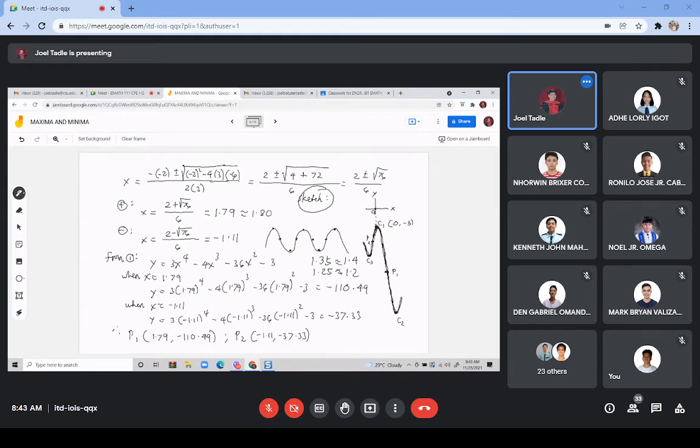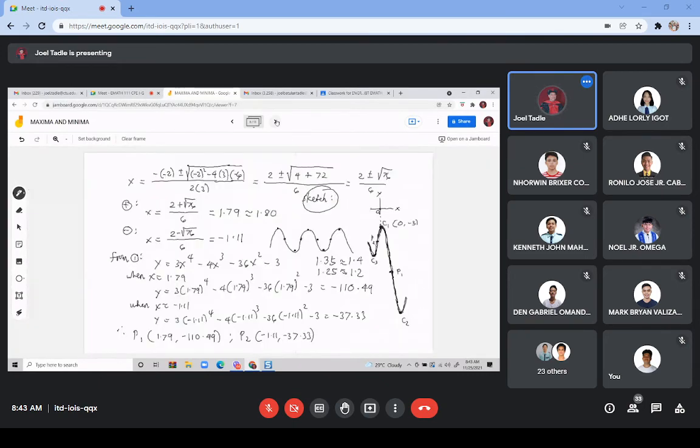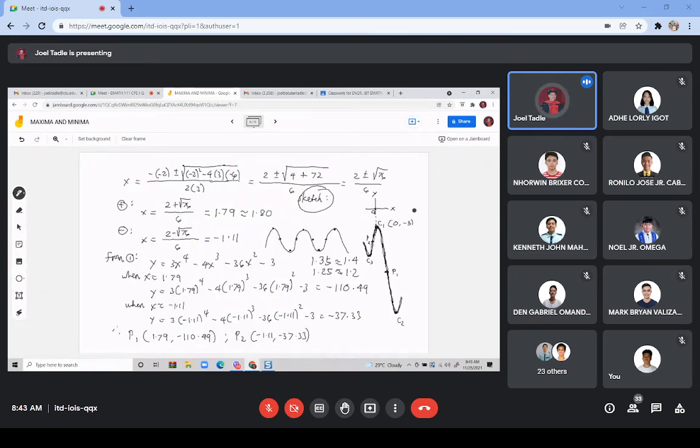What is critical point number 2? Positive 3, negative 192. Positive 3 is to the right: from the origin, count 3 units to the right. 1, 2, 3.